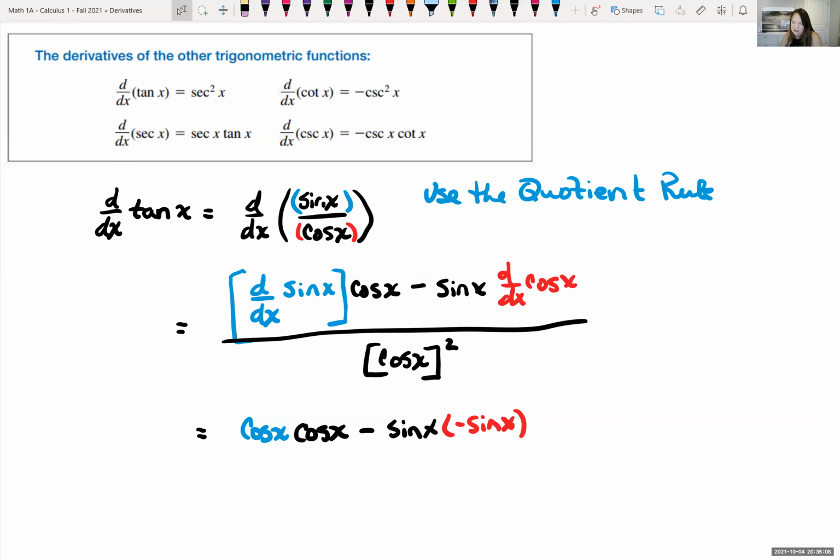And so, sharing my screen again. We're just using the quotient rule. We just took the derivative of cosine of x and I just rewrote it down here as negative sine x. And now we're going to put that over cosine of x quantity squared, which recall we can write as cosine squared of x.